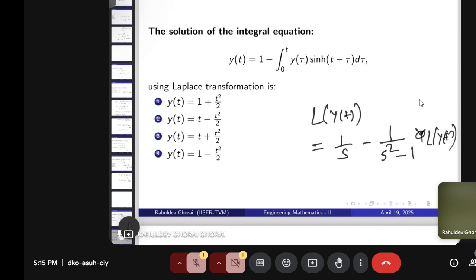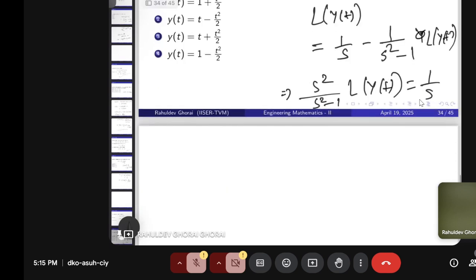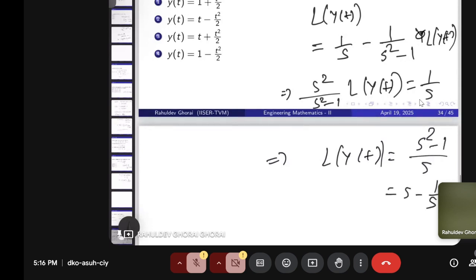So that gives you s square by s square minus 1, 1 plus 1 over s square minus 1. So s square by s square minus 1 L of y(t) will be 1 over s. That implies L of y(t) will be s square minus 1 by s.